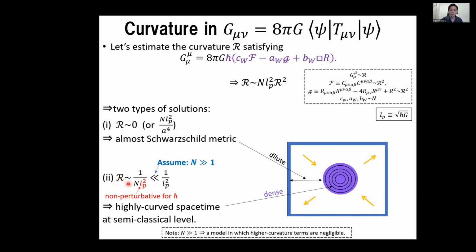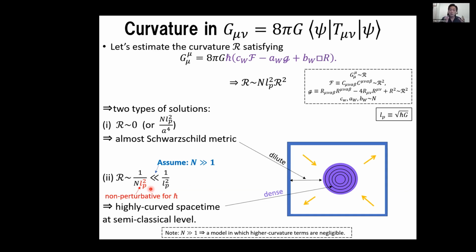The curvature is order 1. More precisely, the order is 1 over N LP squared. Plugging this value into this equation, as you can see, this equation indeed is satisfied. The point is, h bar appears in the denominator, so this type of solution is a non-perturbative solution for h bar.